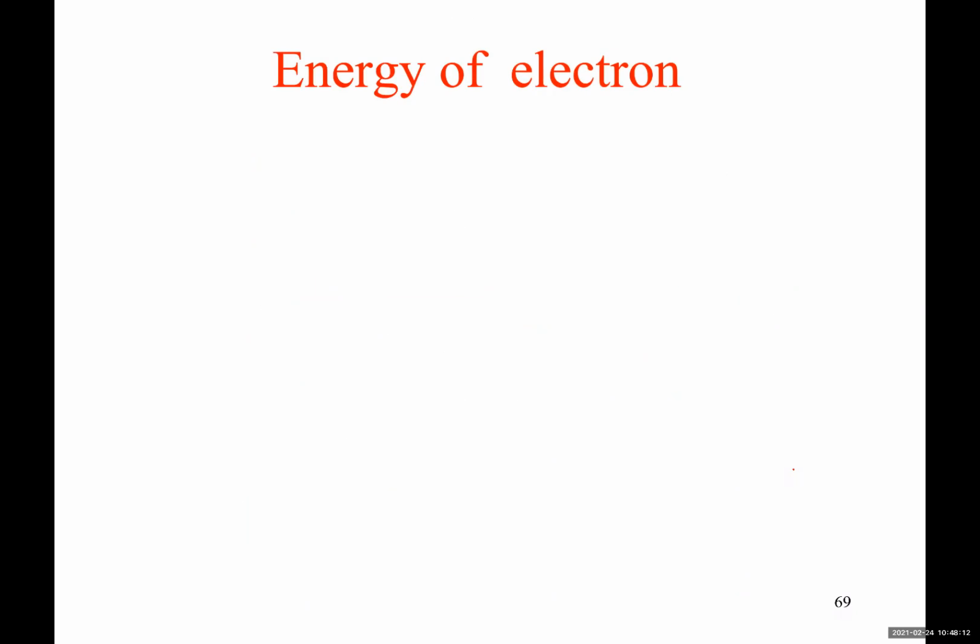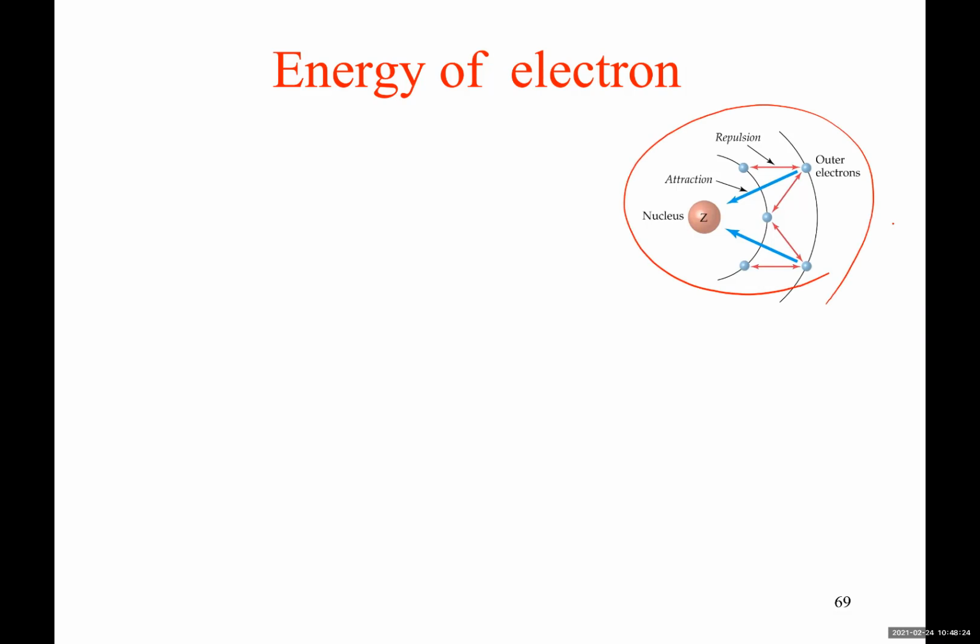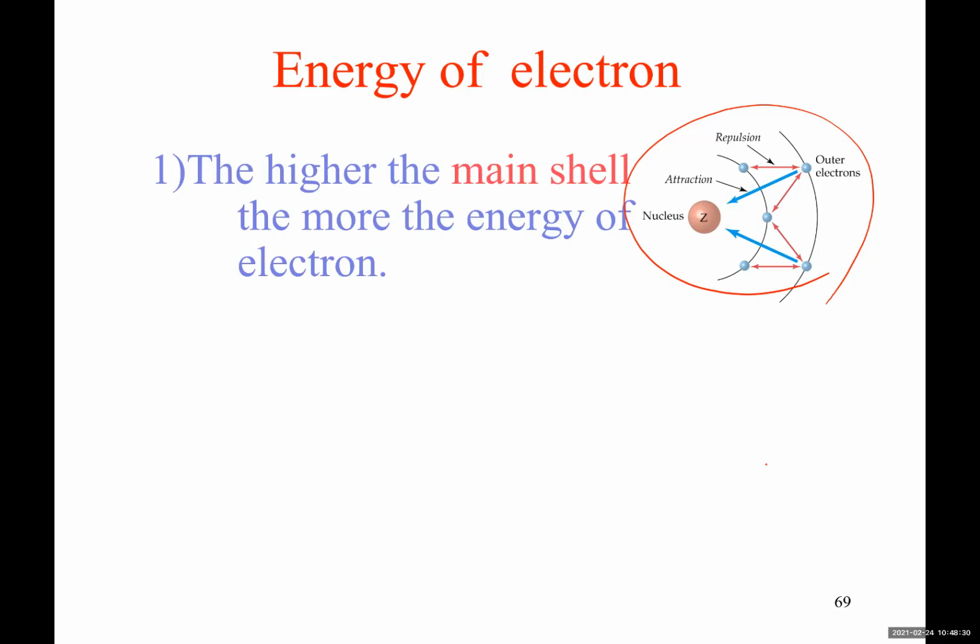All right, let's go back to the energy of electrons. If I look at the energy of electrons, remember, this was suggesting that the higher the main shell number, the more the energy of electrons. And then we had a second factor.